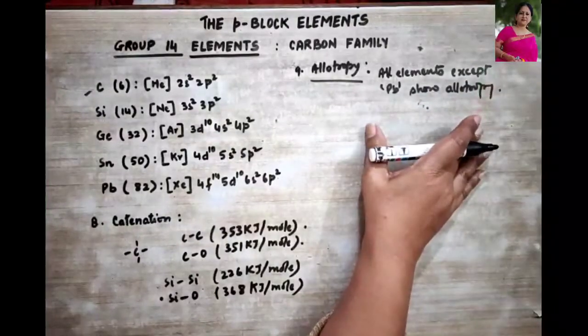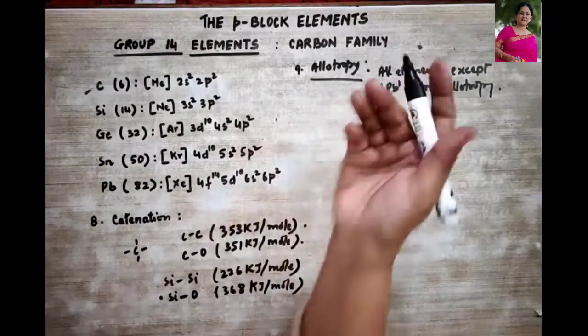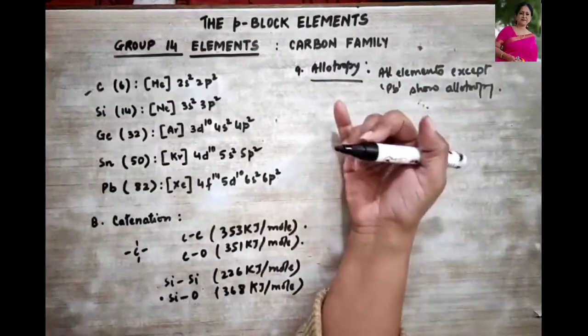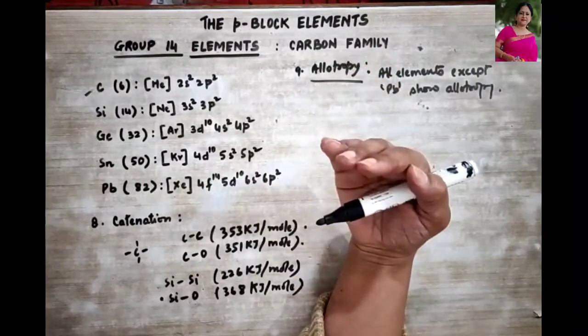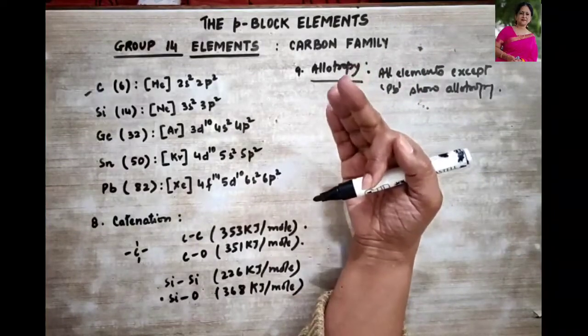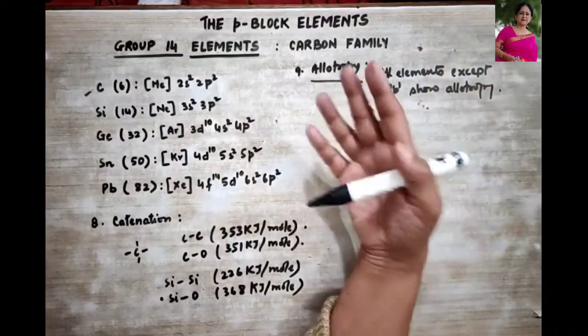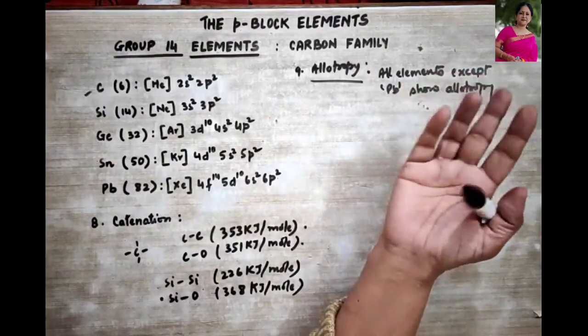Is that clear? So let's talk about carbon firstly. You all already know it exists as diamond, as graphite, in coal, coke, and the different charcoals like animal charcoal, sugar charcoal, bone charcoal, lamp black, gas carbon, and petroleum coke, and so on.